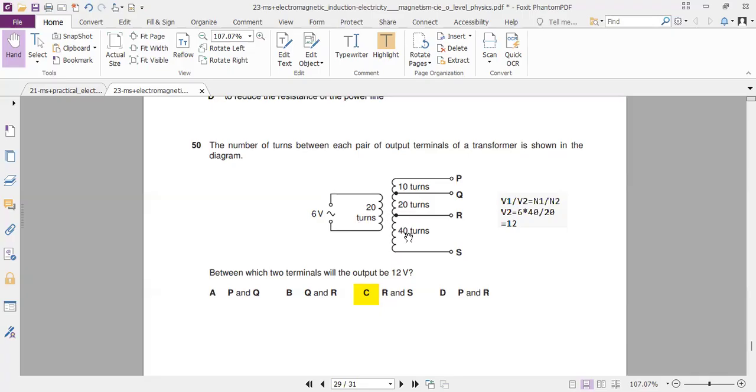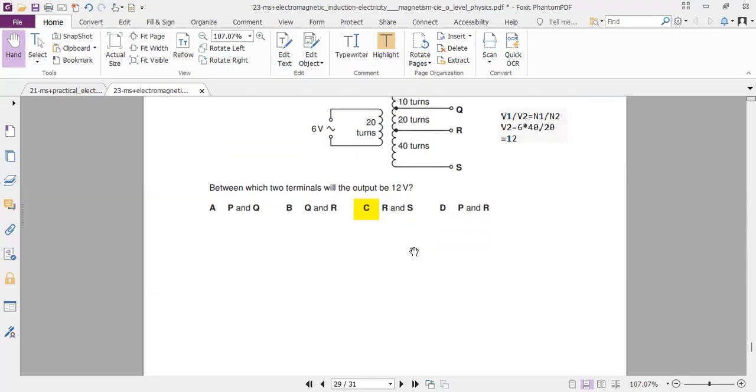It's stepping up, so it should have more turns in the secondary. The only option is 40, but we will verify this. Look at this relationship, it comes out to be 12. So yes, it will be 12 volts. Between R and S, the only option that gives you 12 volts.